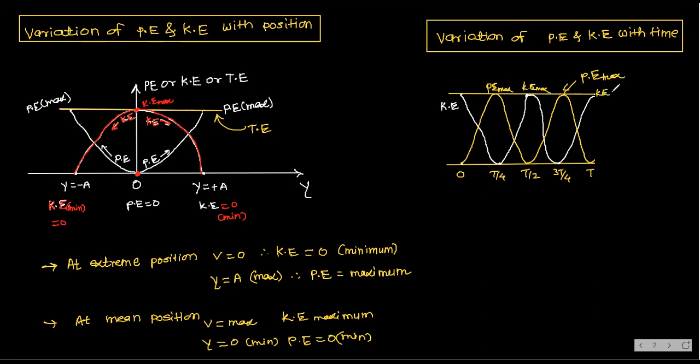Again K max. So one time potential energy maximum, one time kinetic energy maximum, then again potential energy maximum, again kinetic energy maximum. This is the variation of potential energy and kinetic energy with respect to time. So you can see at 0 time kinetic energy is 0, right? And this is the time period. Okay, so just you can draw this graph.